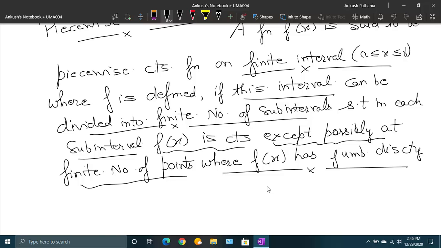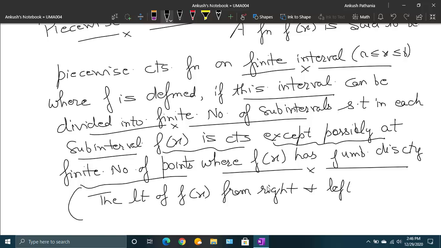That is, we say a function is piecewise continuous even if at some finite points it has a jump discontinuity. So what is a jump discontinuity? It means the limits of the function from the right and left, that is, its left hand limit and right hand limit, exist but they are not equal.